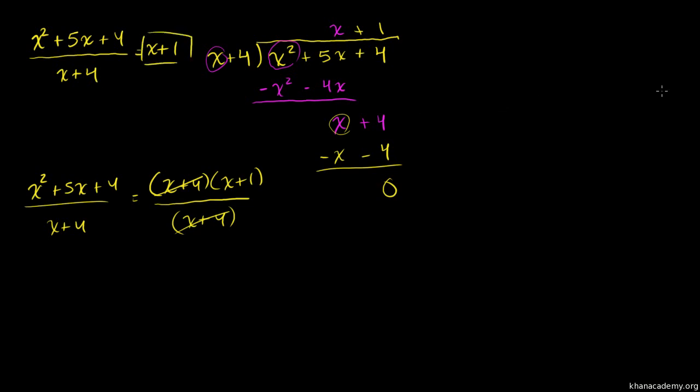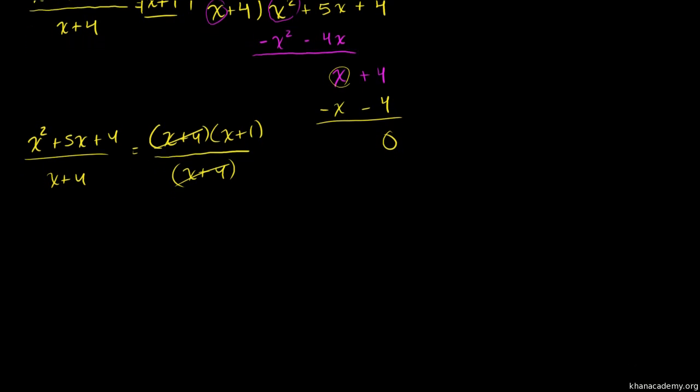Let's do another one of these, just to make sure that you really have it, because this is actually a very, very useful skill to have in your toolkit. I could really make these numbers up on the fly.